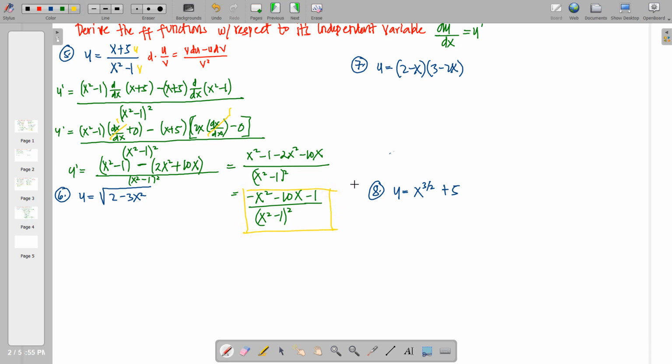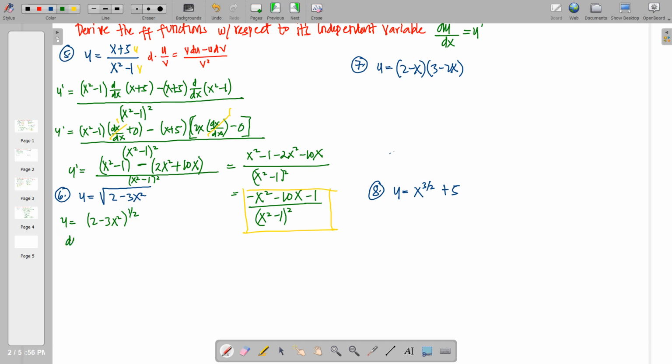Okay. So for number 6, we will express the function in terms of exponential form. This is raised to 1/2.